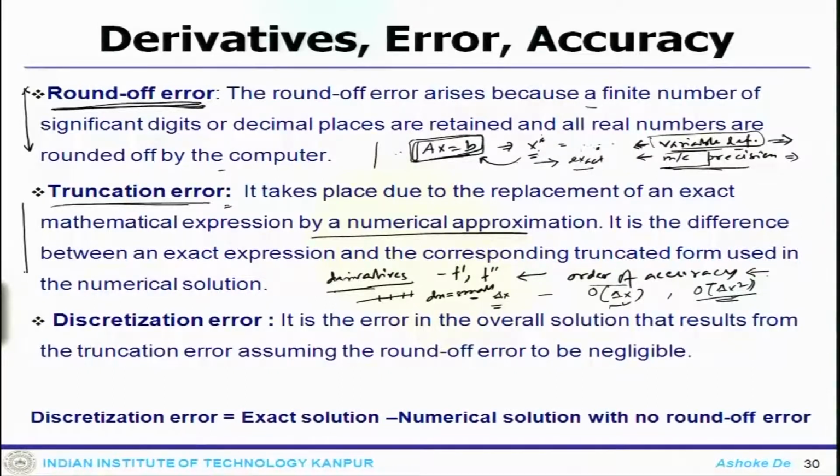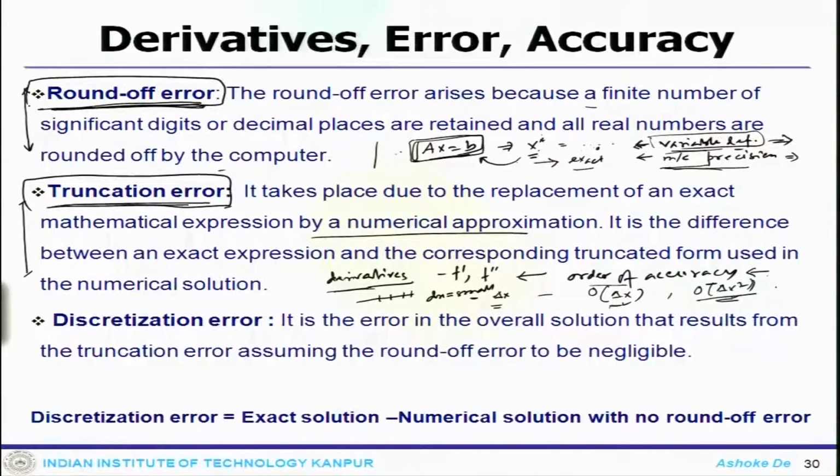So, in order to minimize that: truncation error is one of the inherent properties of your numerical scheme. It does not matter whether you are using finite volume, finite difference or finite element, this kind of error is going to be there. That is also true for your round off error.